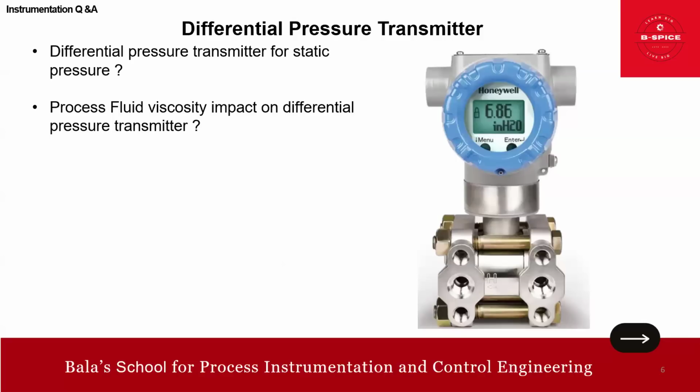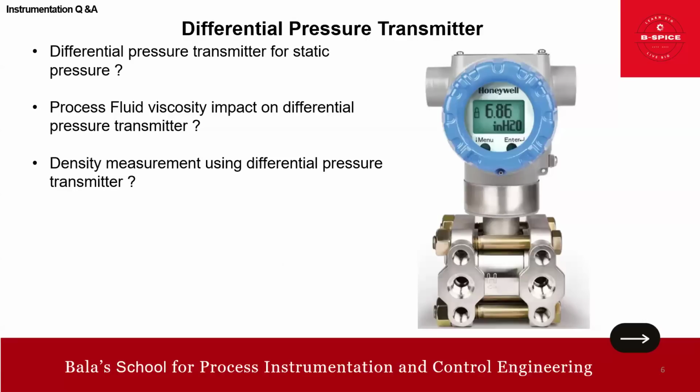High viscosity fluids can also cause clogging or require special seals or fittings. So that is why, friends, if there is too much viscosity, we go for a diaphragm type, I mean the capillary type. We don't go for impulse lines. So that is the point.